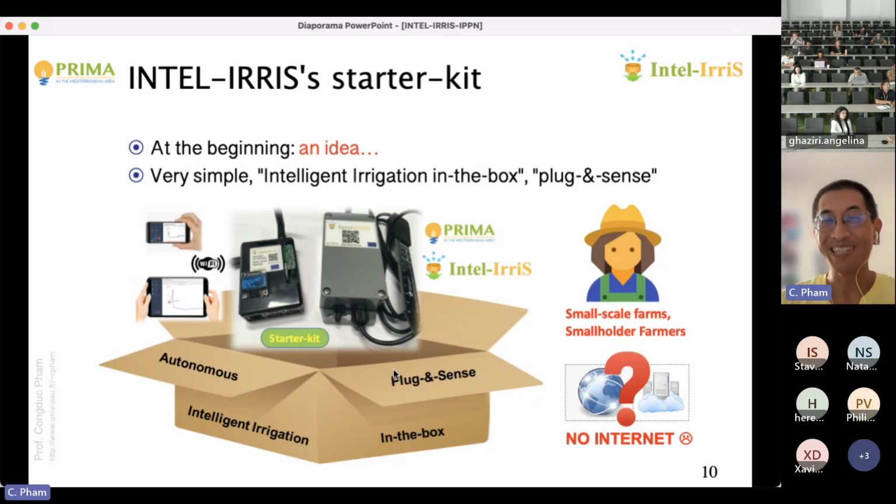So this is why the connected stick is maybe not exactly true, because our choice was really to not be connected to the internet, in order to have everything embedded into the system and be able to deploy it even without internet access.